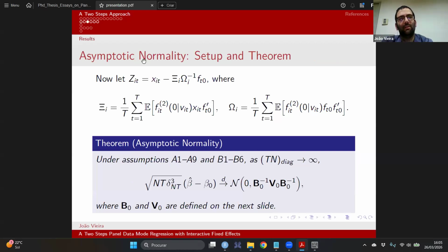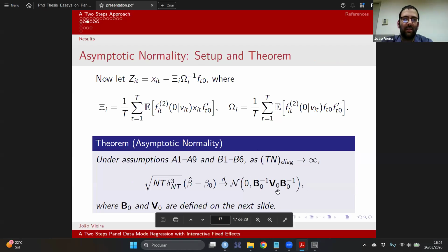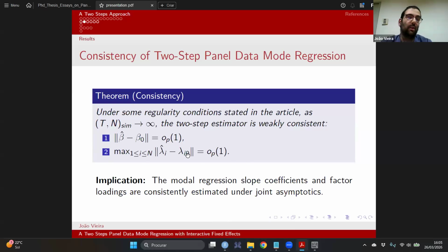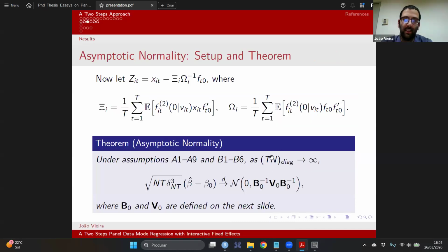We were also able to find the variance covariance matrix, and we also proved the asymptotic normality. This one differs a little bit from the previous one, because there we were able to do the proof when n and t go simultaneously to infinity. Here we do the proof diagonally.